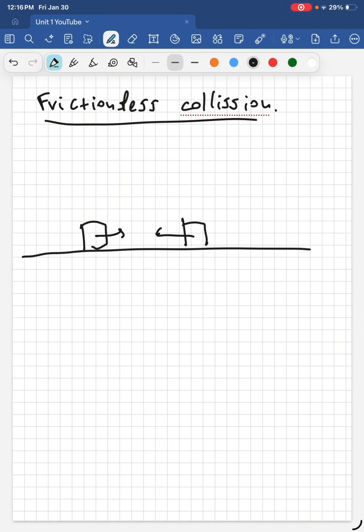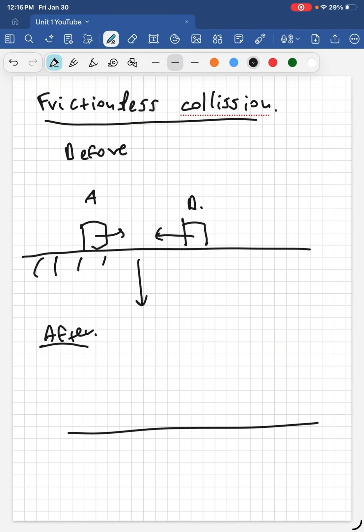Let's call this object A and object B. This is the before and this is the after situation. At the moment of collision, I guess this is the floor and it's frictionless, this is A and this is B.